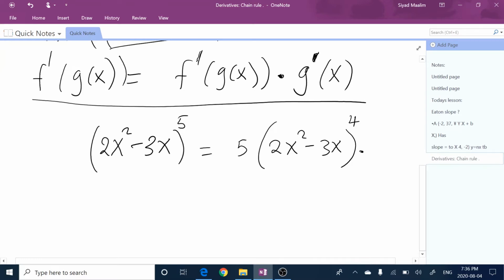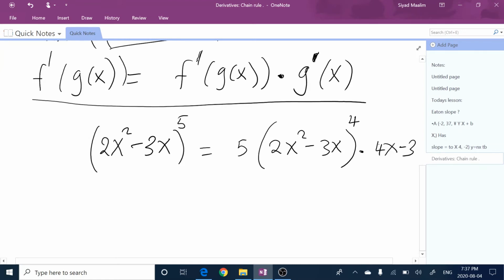The derivative of 2x squared minus 3x is, bring the power down, 2 times 2 is 4, reduce the power by 1, 2 minus 1 is 1, minus the derivative of 3x, which just gives you the constant 3.